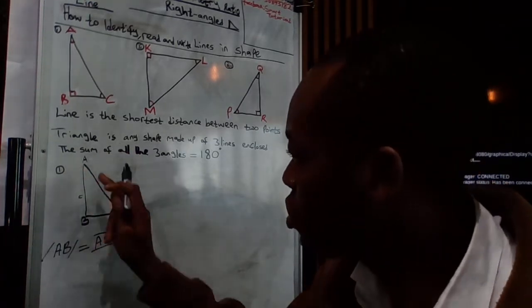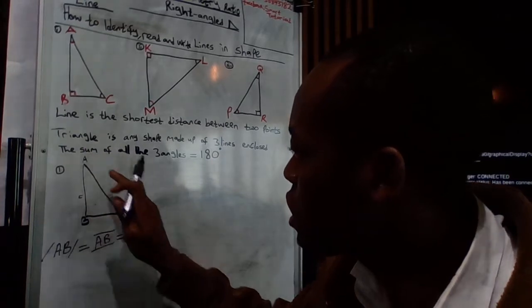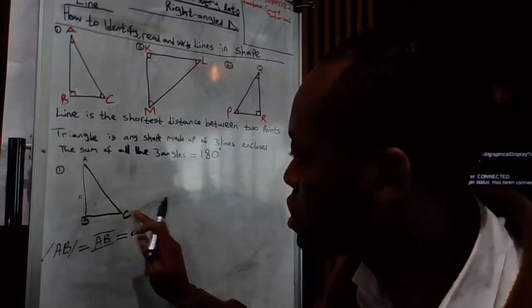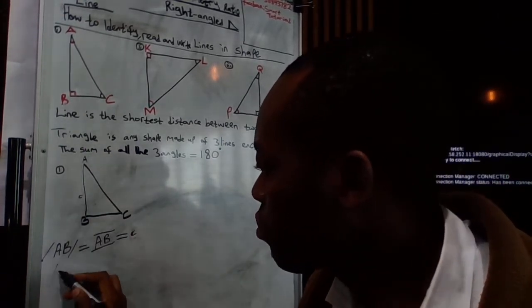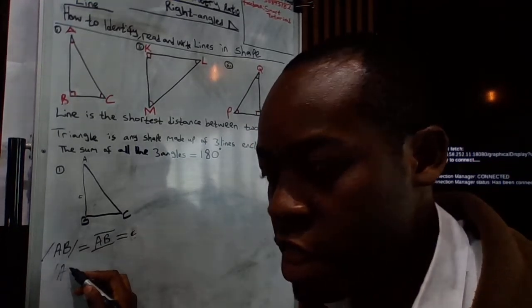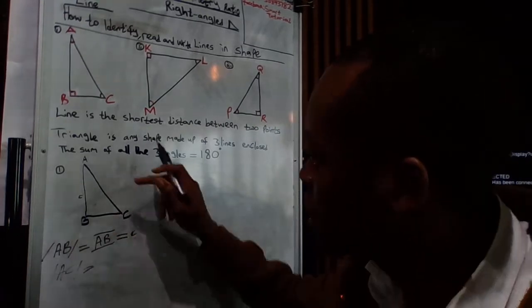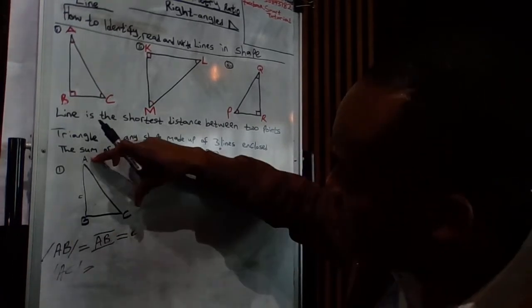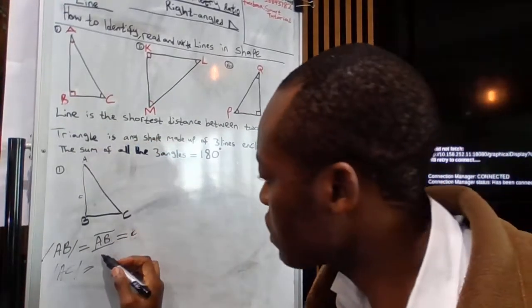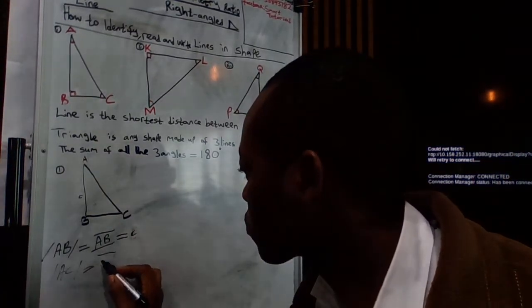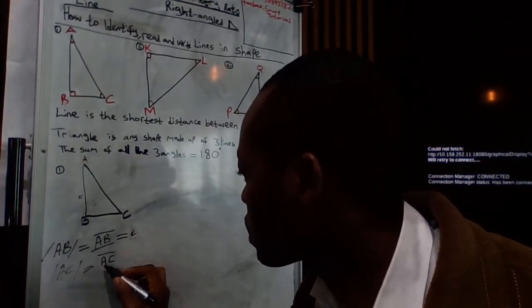Then let's look at the other one. This is AC. That is, line AC is still the same thing as line AC. You can write it in another method as this.